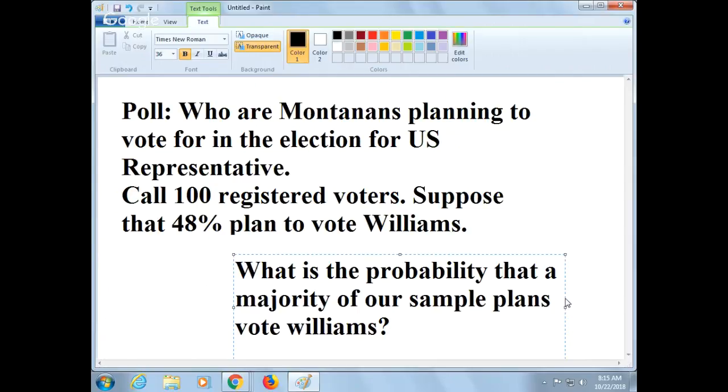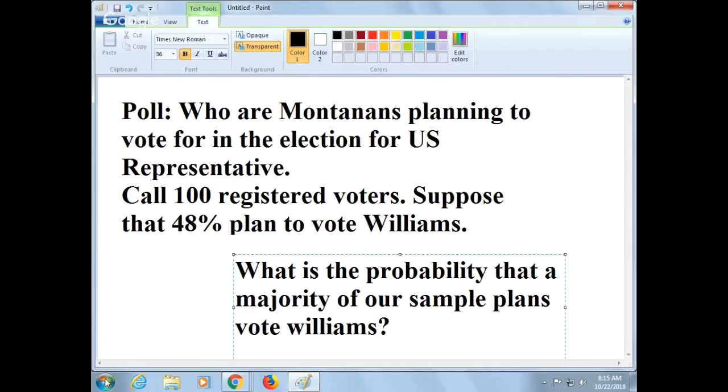The data that comes from this are examples of a binomial random variable. Okay, the thing that makes this a binomial random variable is we have a set number of trials.